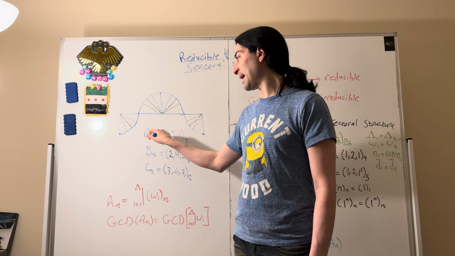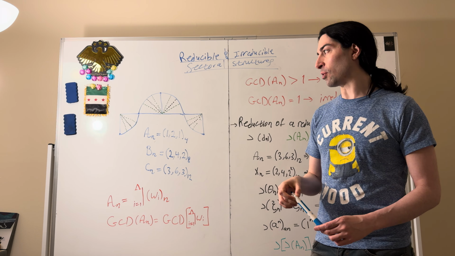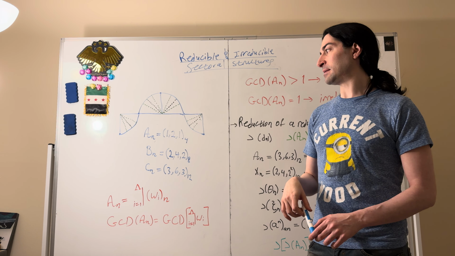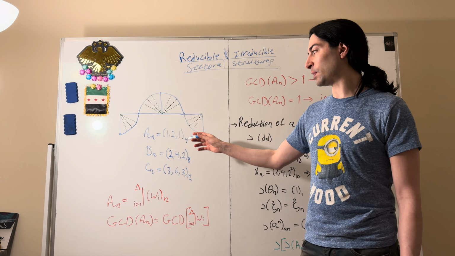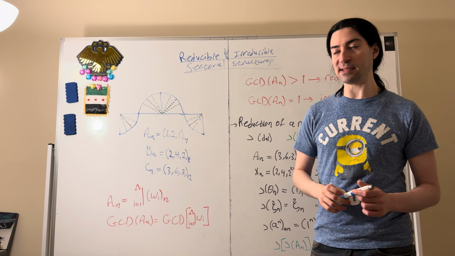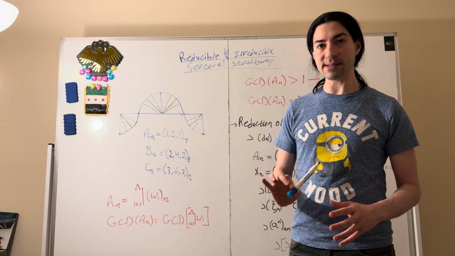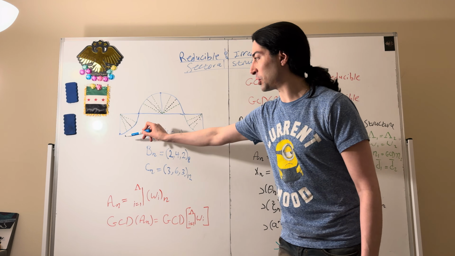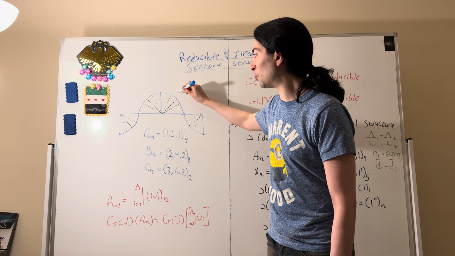So we'll say A_N is equal to 1, 2, 1, subscript 4, and we can tell that this has a degree of 4 and it has 3 parts, so it has an order of 3. And keep in mind that for any sectoral structure, by definition, the total length of this curve must be 2 pi.